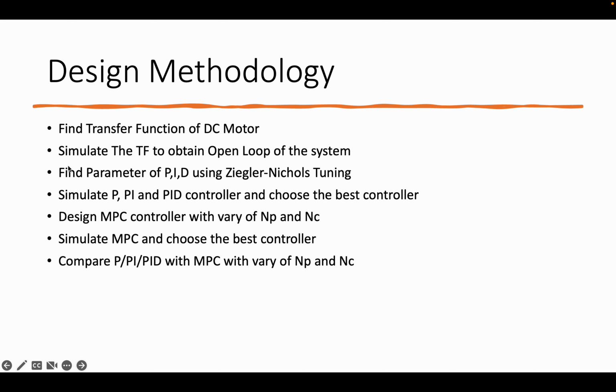After that, I found the parameters of the PID using Ziegler-Nichols tuning, and I compared the PI and PID controllers to find the best controller. After that, I designed the MPC controller, varying Np and Nc, using MATLAB, and simulated the MPC and chose the best controller.